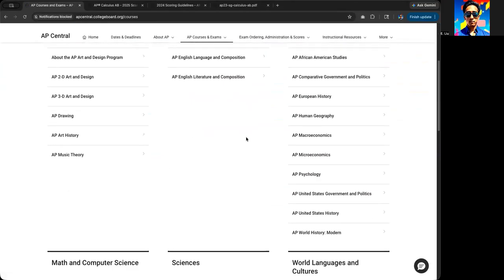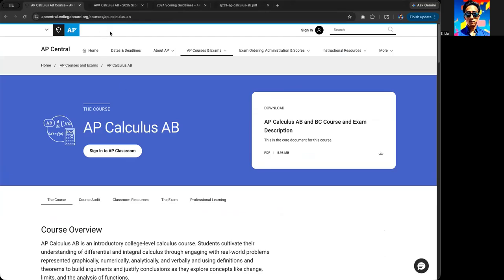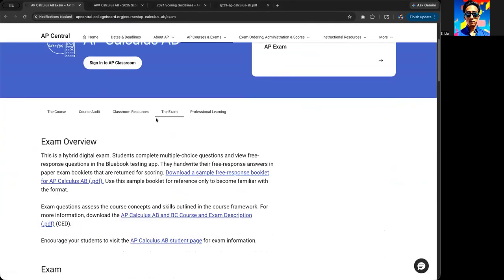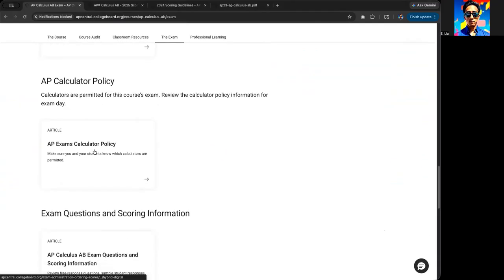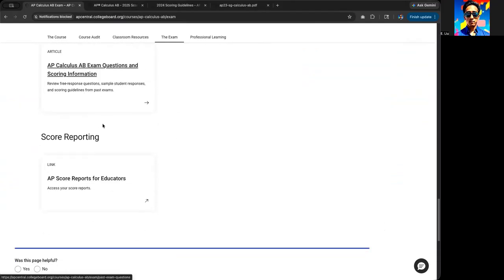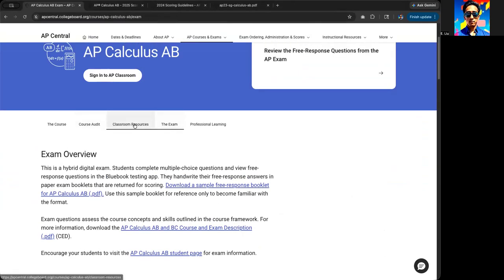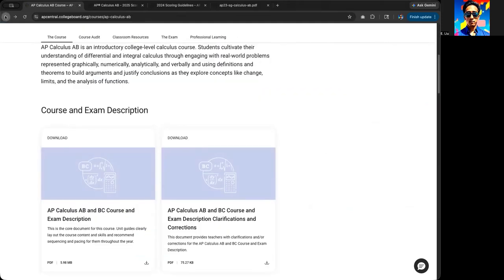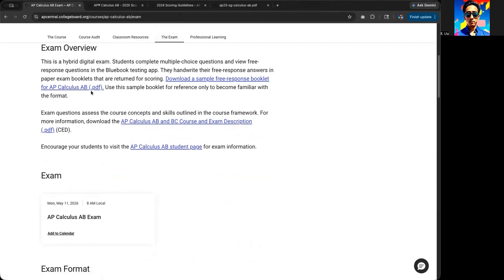Go into your math and computer science, AP Calculus AB. Under the exam, you have down here, oh, actually, it should be under classroom resources. Where is it? Oh, the exam. There we go. Calculus AB, the exam. Yeah, that was where it was.